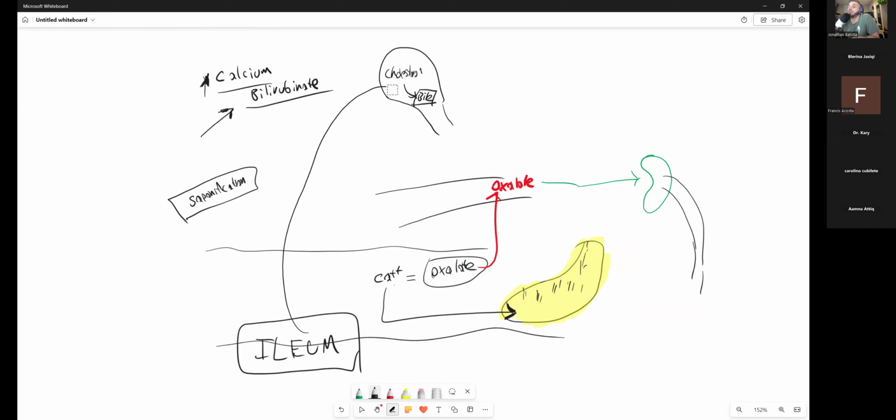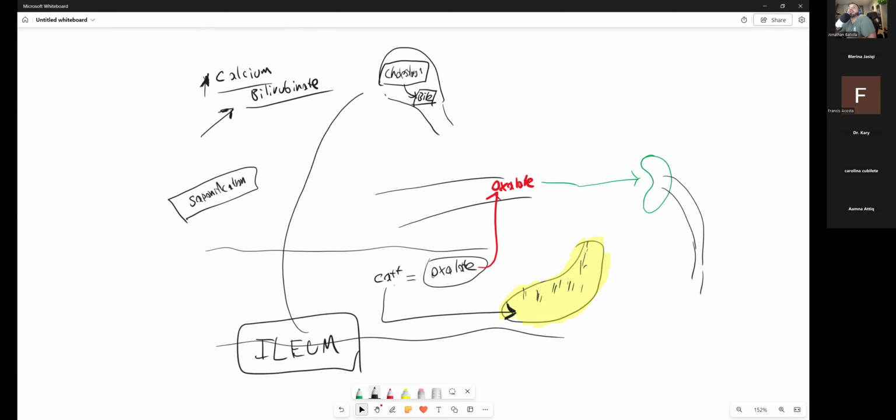You'll have more cholesterol than you do bile, and then you'll have precipitation of cholesterol, leading to cholesterol stones. This is malabsorption of bile salts, leading to cholesterol saturation.